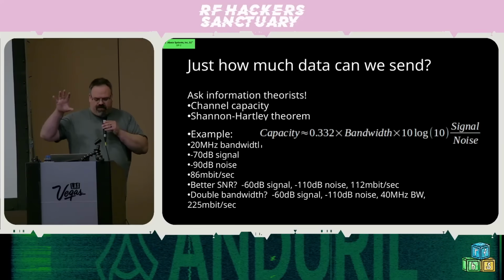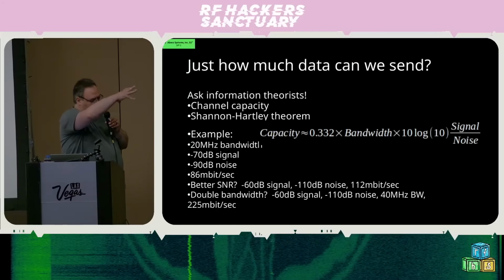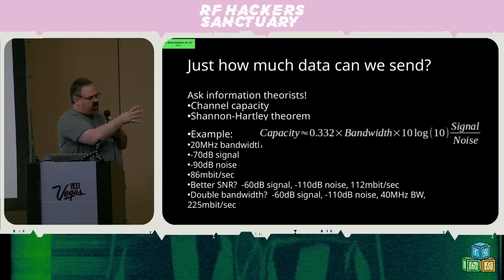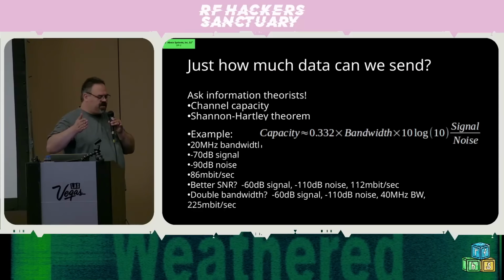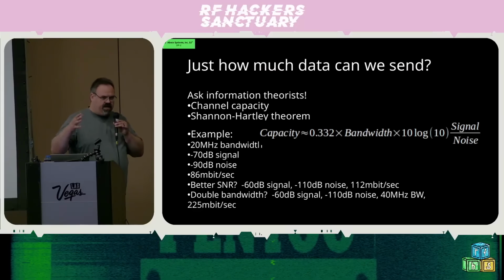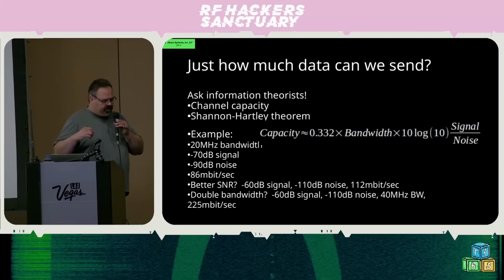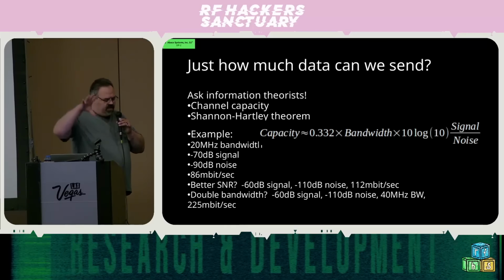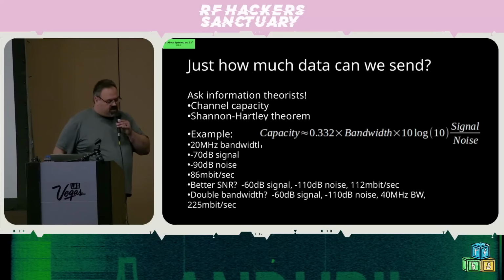And basically you have a constant times the width of the band that you're transmitting in, say a 10 megahertz wide chunk of spectrum, times 10 log 10 of the signal to noise ratio in decibels. And the decibels cancel out because that's what math does.